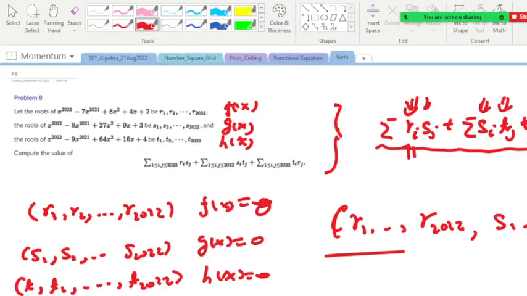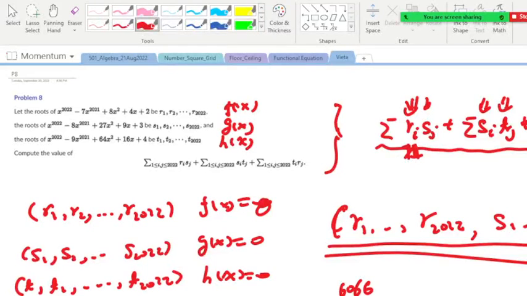If I find a polynomial with these 6066 roots together, then I think I already got it. Any product of two will contain these components, right? We'll have this as a coefficient. Do you agree with me?